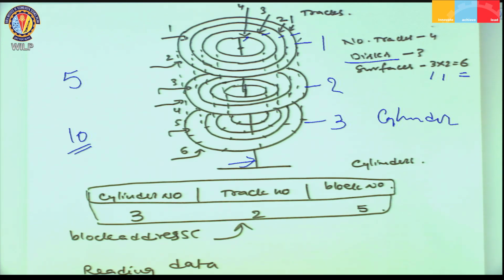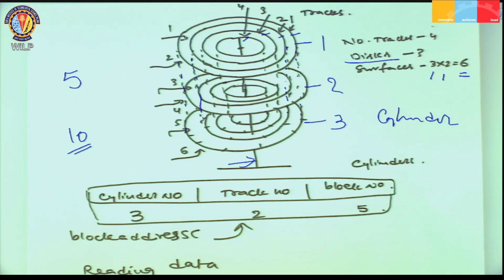If you look at track 1 on all the surfaces, you can imagine it as a cylinder, and then if you look at track 2 on all the surfaces, I can imagine a cylinder comprising all the tracks numbered 2 on multiple surfaces of the disk pack. That is why a cylinder is nothing but an imaginary collection of tracks of the same radius from all recorded surfaces of the disk pack. So this is a cylinder.